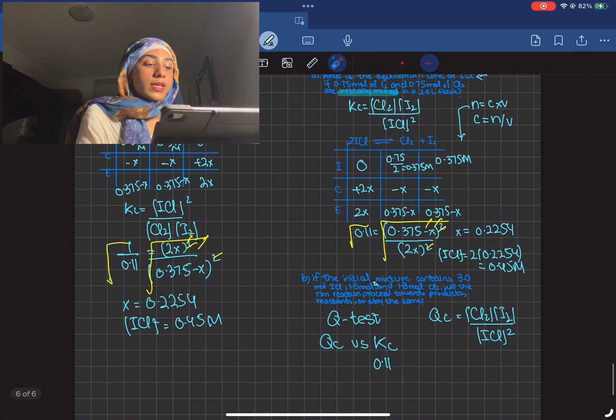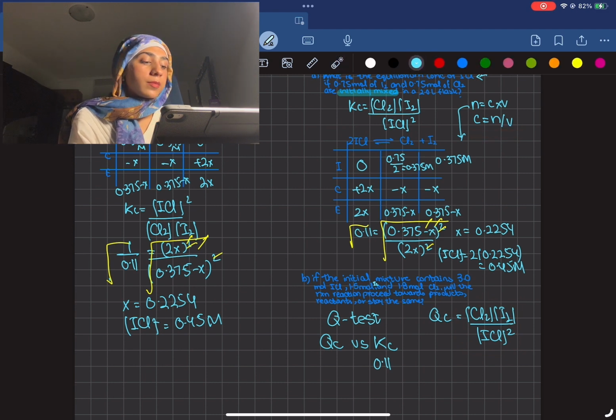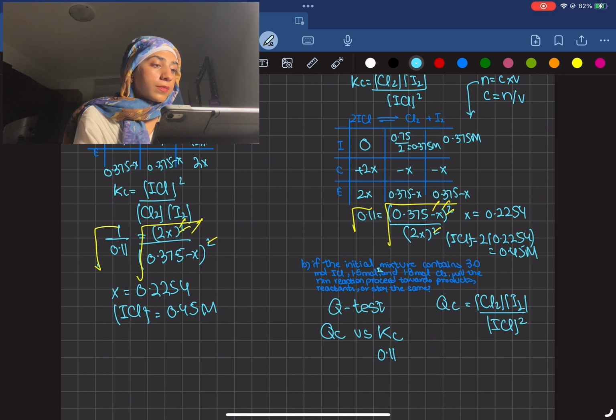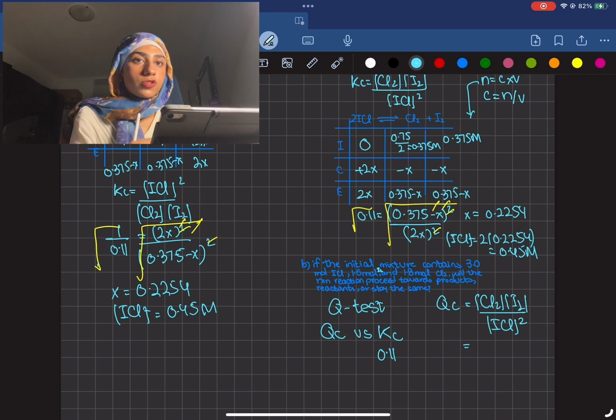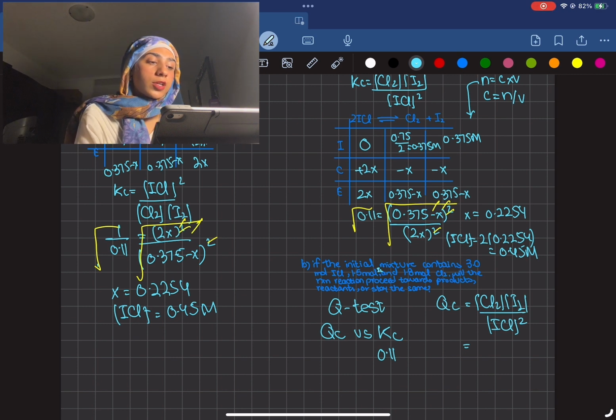Because it's 2 liters for all these 3 reagents, I don't really need to plug in this formula. I can just use the number of moles I'm provided with. If you want to, you can find concentrations, but because the volume is the same, it cancels out, so your answer for concentration is going to be the answer you have for your moles.